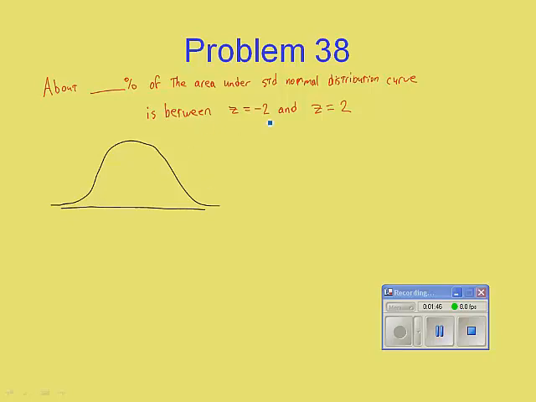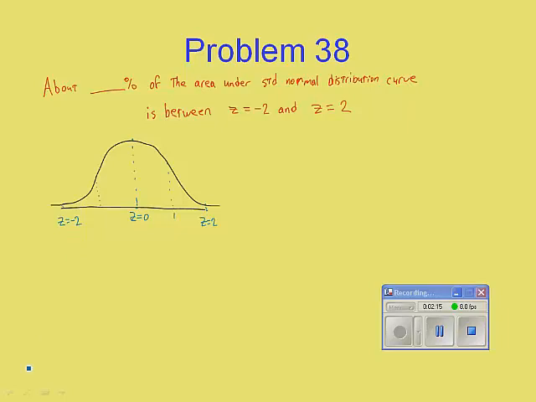We're looking for the area between z equals negative 2 and z equals 2. Well, remember, this line is the mean. That's z equals 0, right? So if I move over 1, here's z equals 2. And here's z equals negative 2.